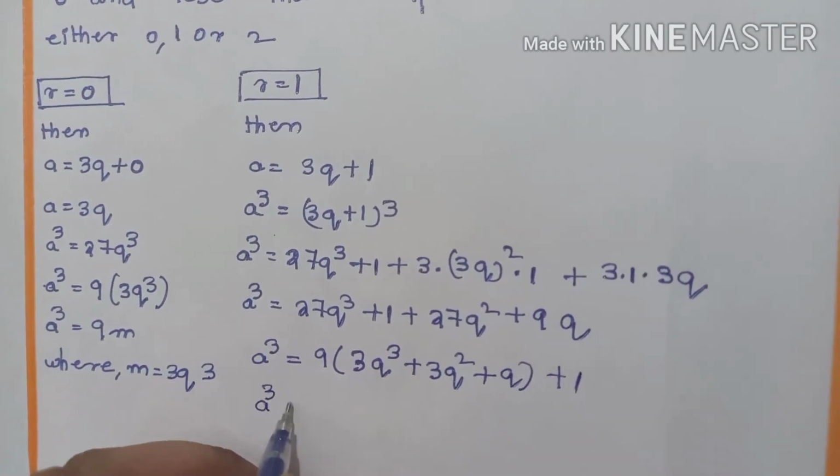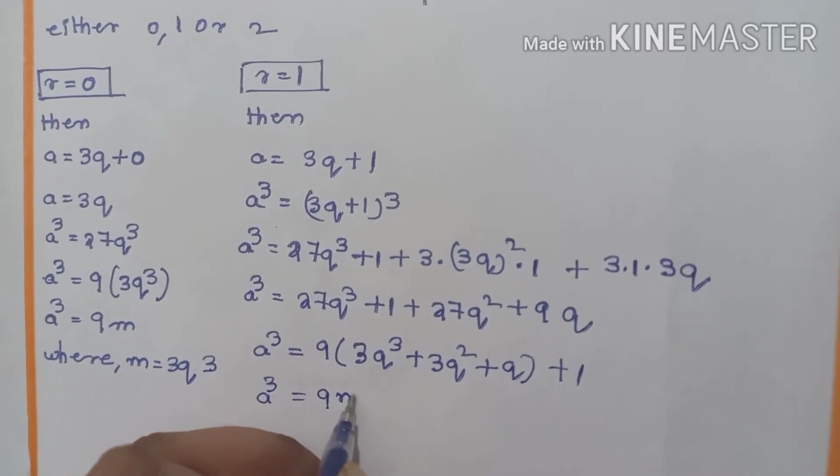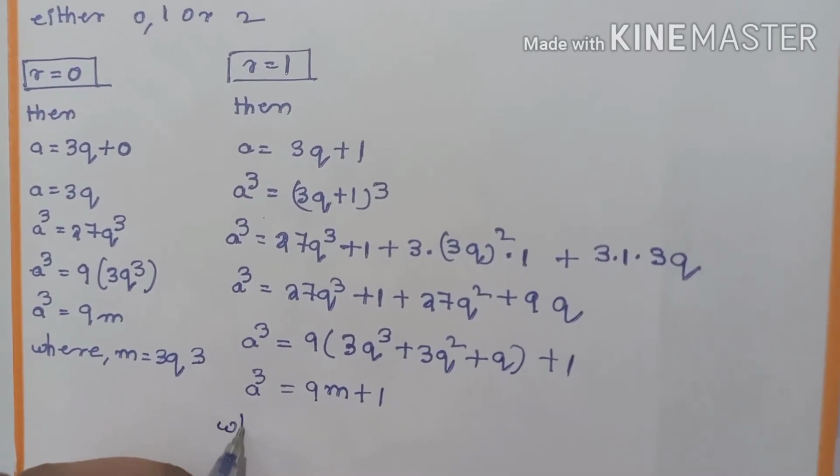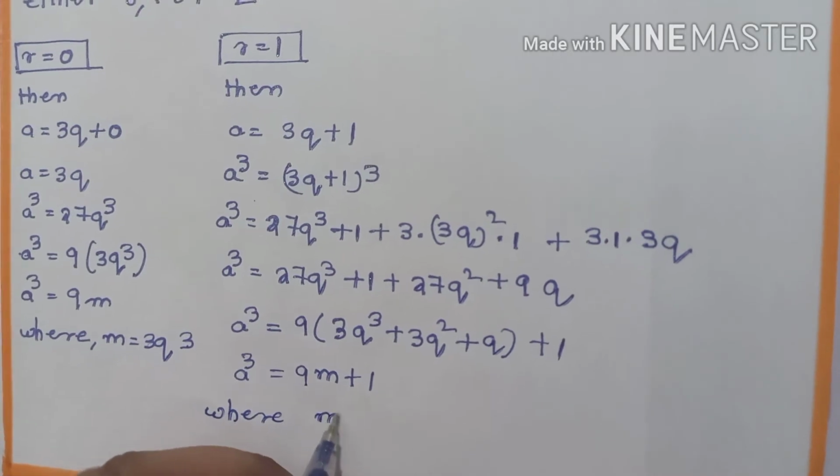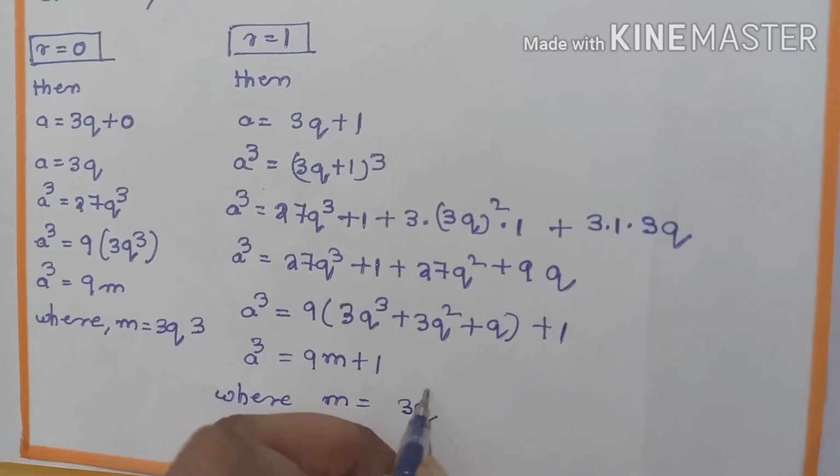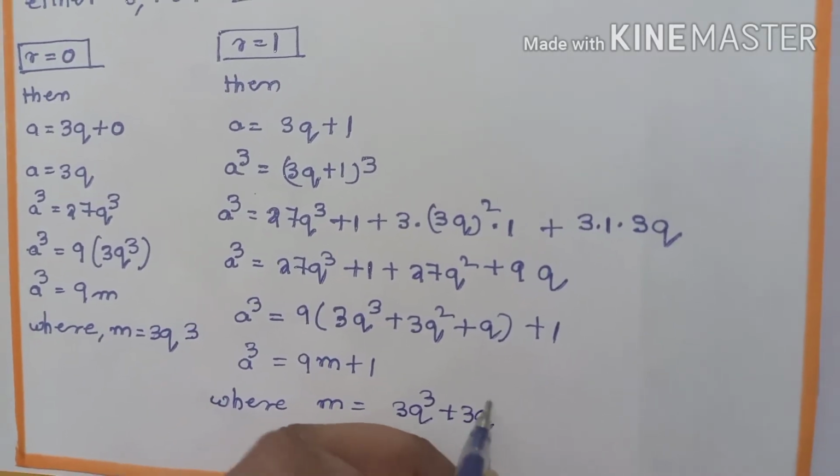So a cube equals 9m plus 1, where m equals 3 q cube plus 3 q square plus q.